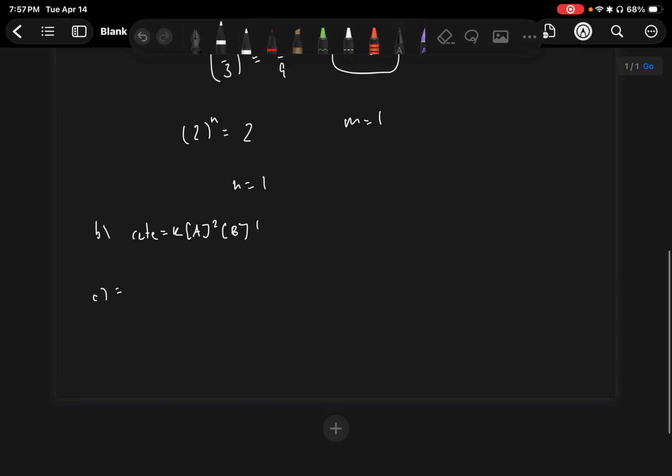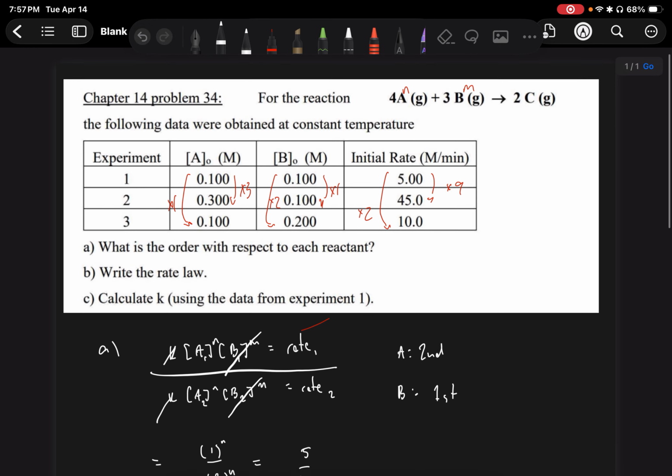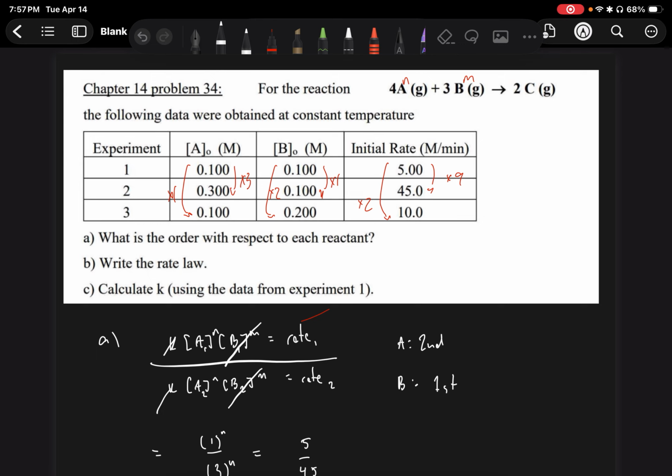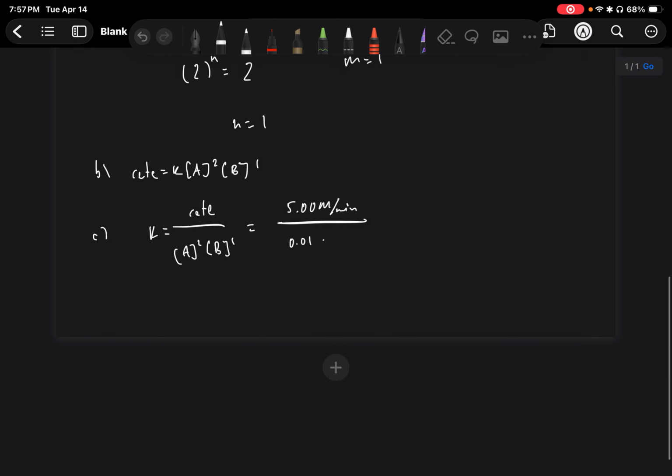Okay, so we don't know what K is, but we can just isolate for K. So right now I just isolated for K. Now we're going to substitute them in from experiment 1. So 5.00, and we got 5,000.